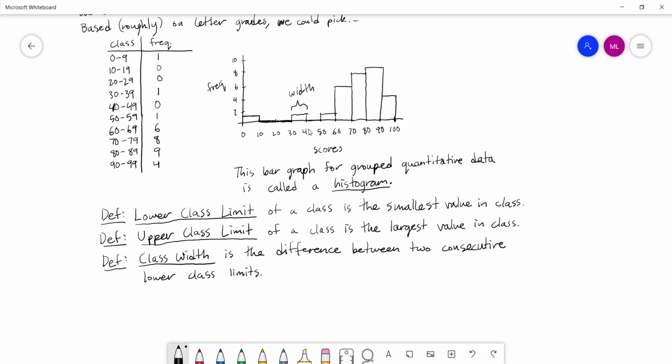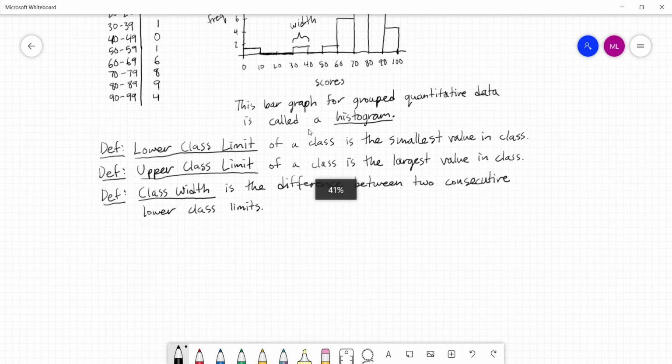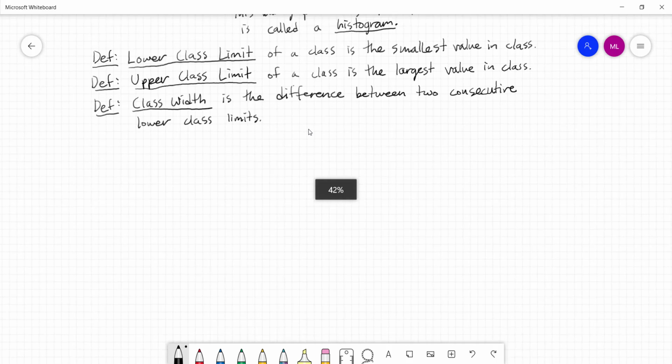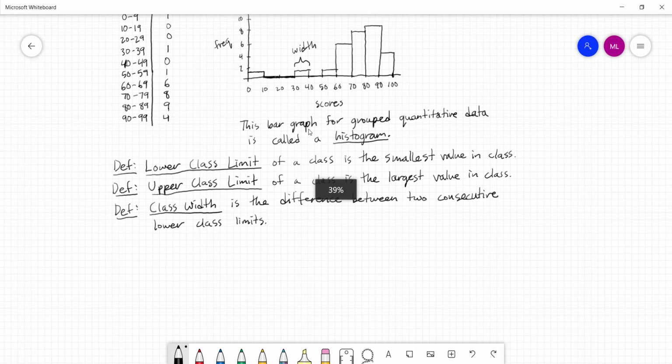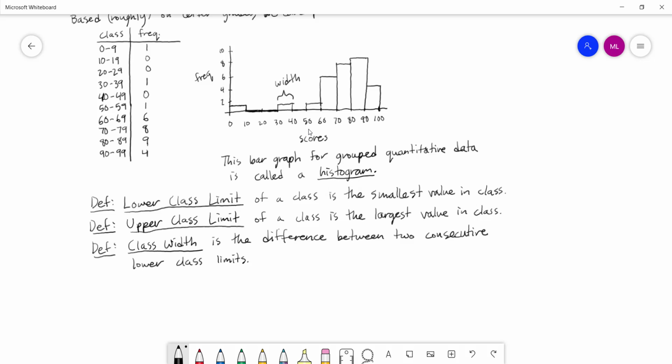Okay, so we've created one histogram, and we created this histogram by basically picking a predefined class width. We did it by saying, I want to do it kind of by letter grades, right? And that spans 10 scores.